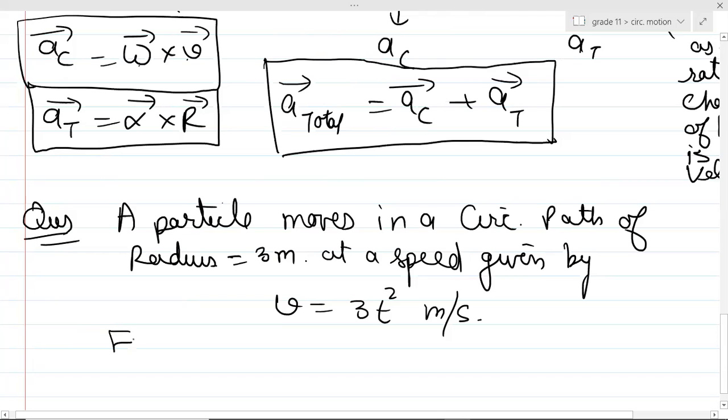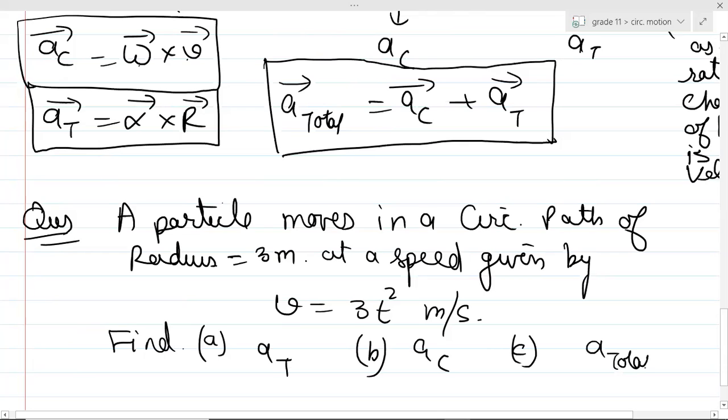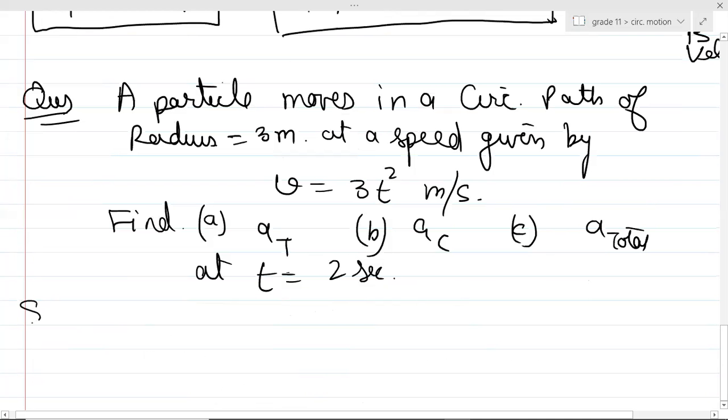Now find AT, AC, and A total at t equals to... Okay, let it go on.